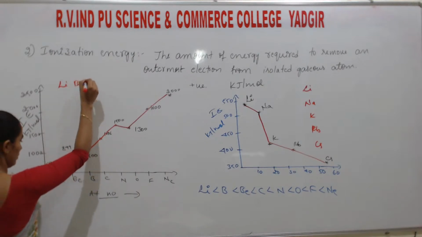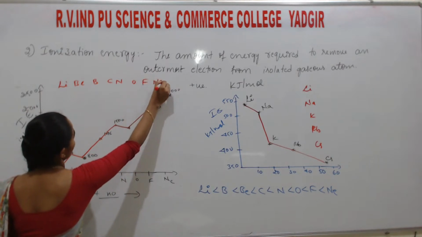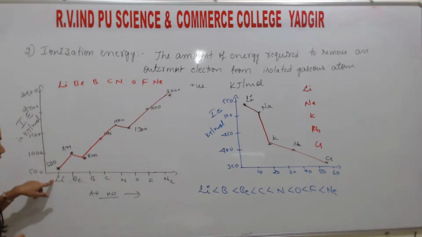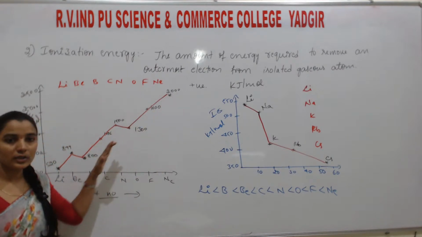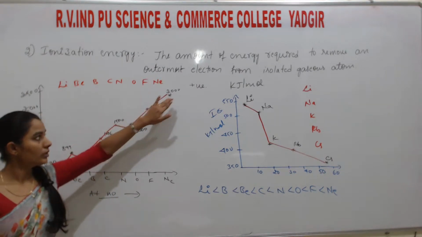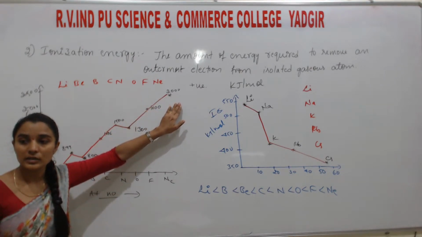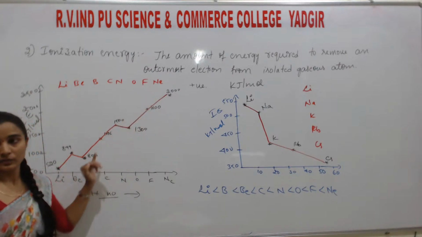So here it is lithium, beryllium, boron, carbon, nitrogen, oxygen, fluorine. If we consider from lithium to neon, obviously we didn't consider the variation in the middle of the graph. So from lithium to neon, the energy increases.